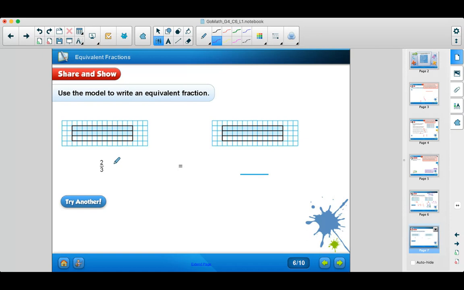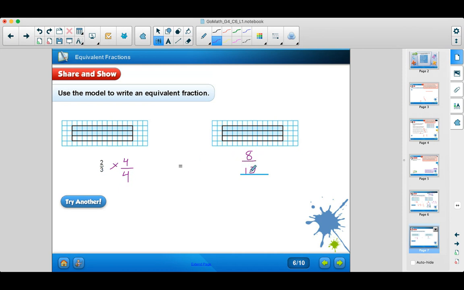It doesn't matter what number it is, as long as it's the same number. So I can multiply them both by 4. 4 times 2 is 8. 3 times 4 is 12.